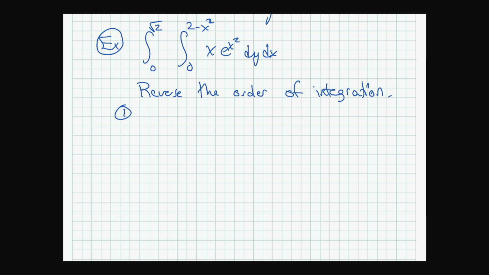The way I would go about this is, the first thing I would do is draw the region out so I could look at it. If you don't do that, your life is going to be tricky here. So I'm going to draw the region, and then after I draw the region, I will figure out how to reverse it.